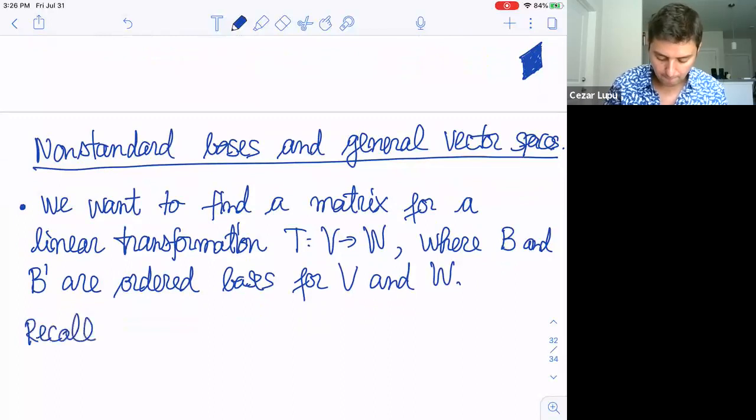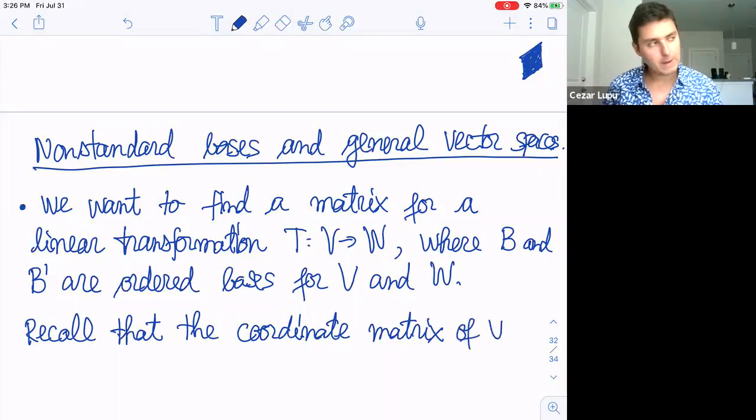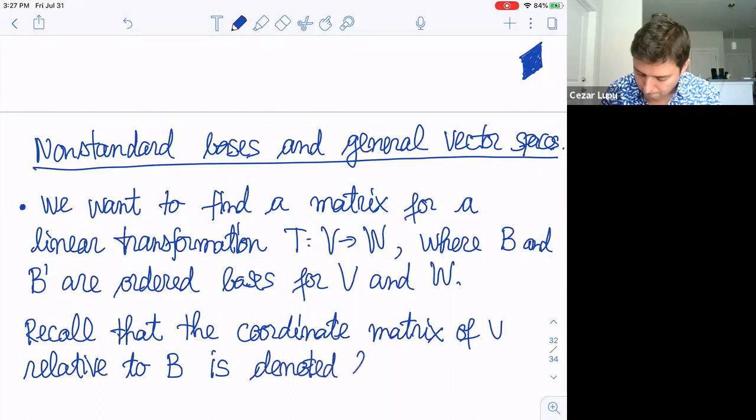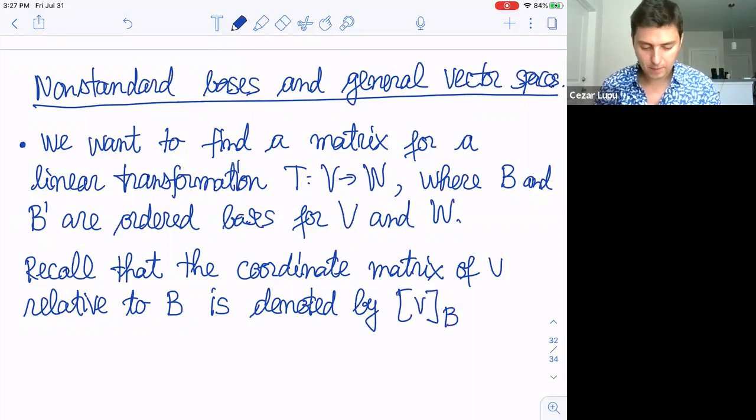So recall that the coordinate matrix of V relative to the basis B is denoted by V_B, right? Okay.